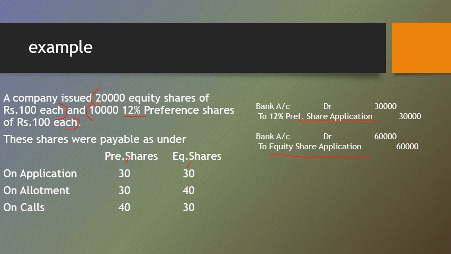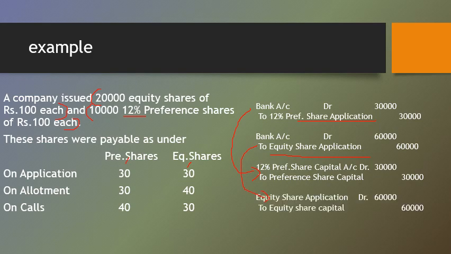Next, they have to transfer this application money to the share capital, but there are two classes of share capital: equity share capital and preference share capital. First, transferring the 12% preference share application to preference share capital, rupees 30,000. Then transfer the equity share application to equity share capital.